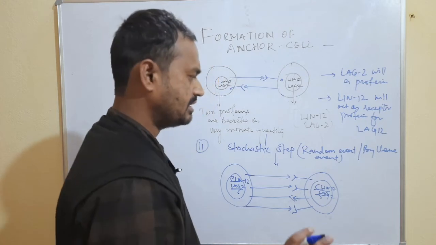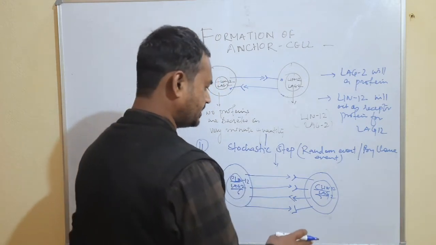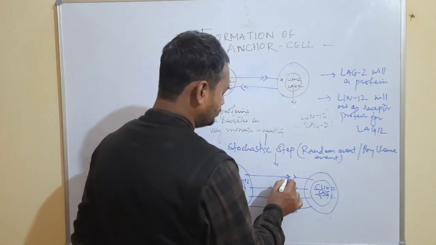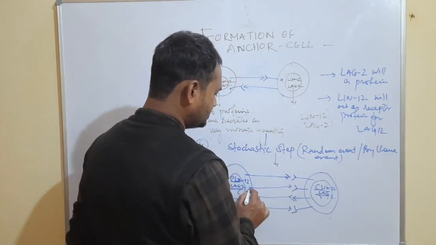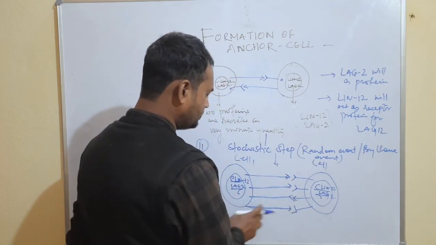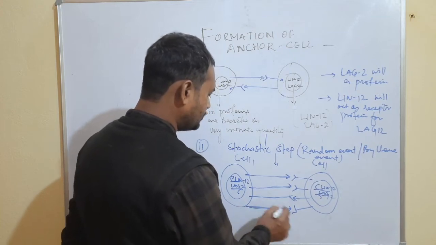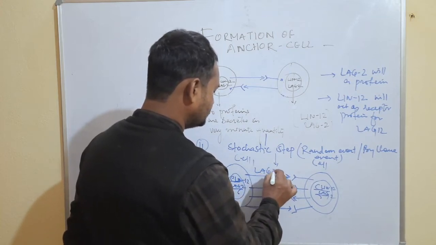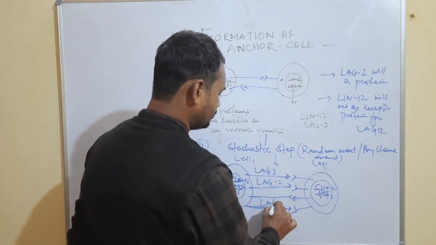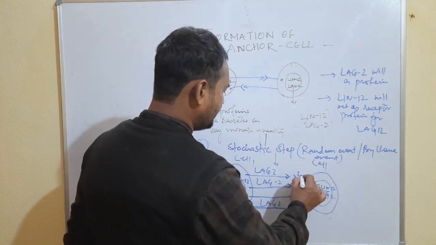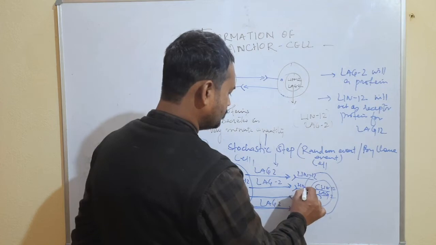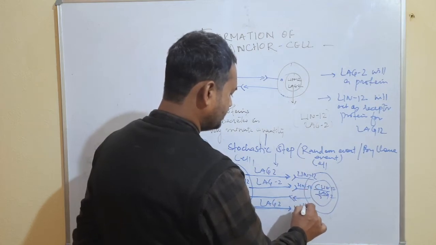I have shown in a diagram that suppose this is lag-2. I have made three arrows, meaning three proteins which encode lag-2, and I have made the receptor area, lin-12.